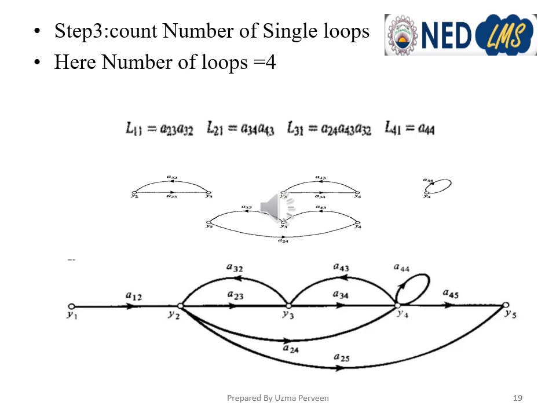But this would not be a loop because in this pattern Y4 is traversed twice. So we have to keep in mind that no node should be traversed more than once. In this case we have four loops, L11, L21, L31 and L41, and we have already defined that loop gain is the product of the branch gains. So we multiply the branch gains associated with each loop to find the loop gains.